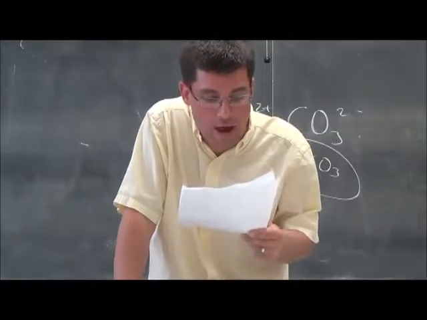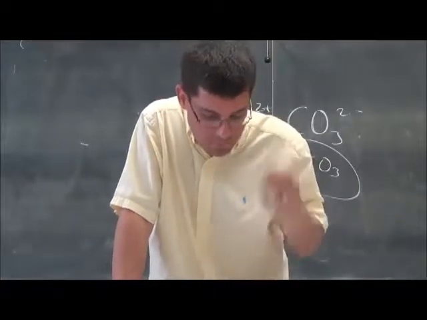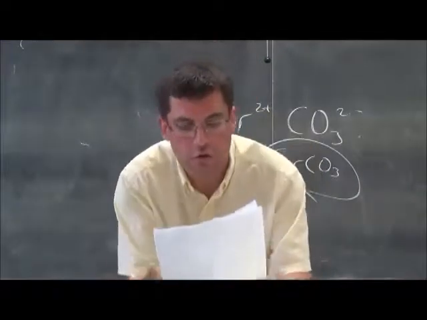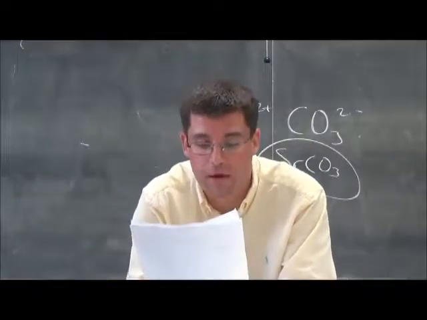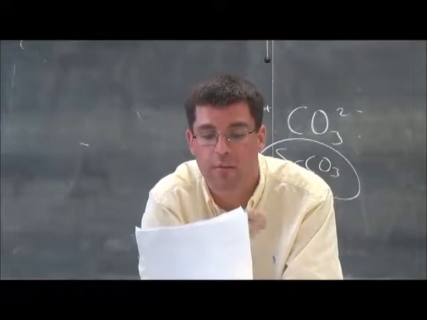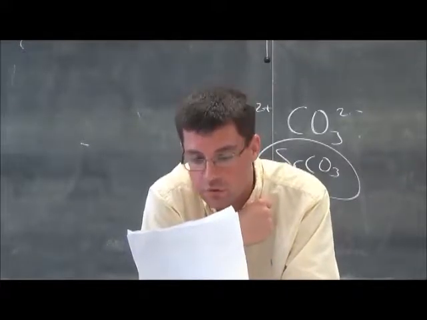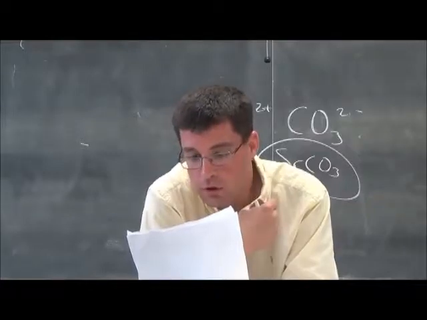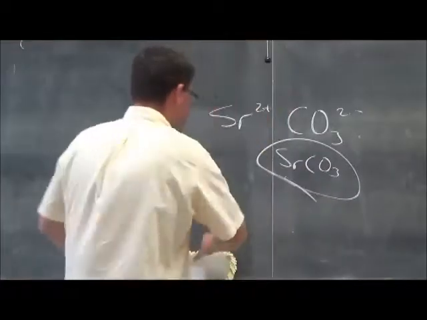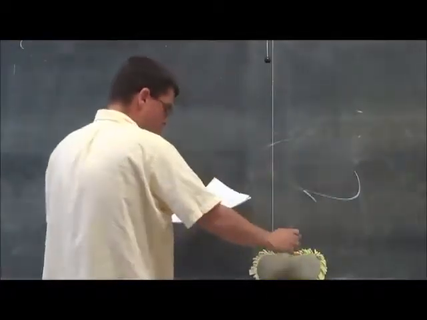Tin tetrabromide, TETRA, 4 for bromine. Iron 2, Roman numeral 2, carbonate. Again, reverse it. Look at your polyatomic ion, it's CO3. Iron 2 carbonate. Next one, aluminum chlorate. Well, what's chlorate?